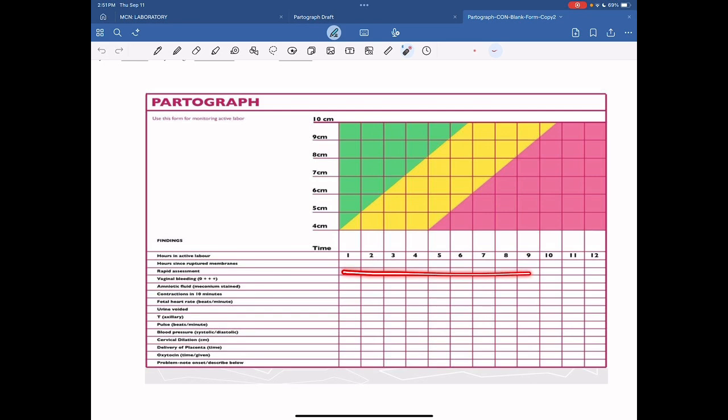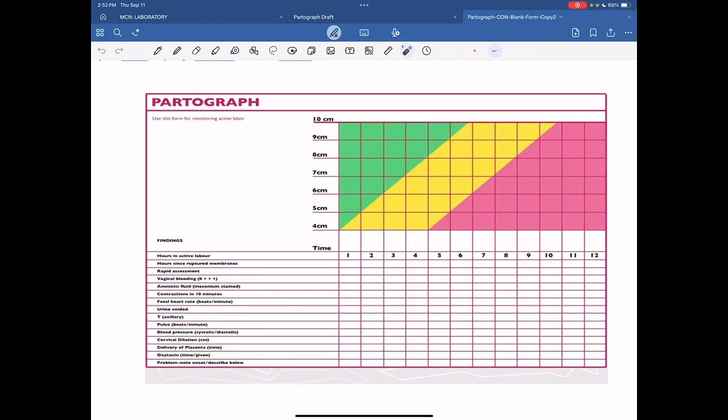This indicates the number of hours during labor starting from hour 1 up to hour 12. That's on the x-axis. On the y-axis, we can see numbers 4 up to 10 with the centimeter unit. It indicates the dilation of the mother's cervix.